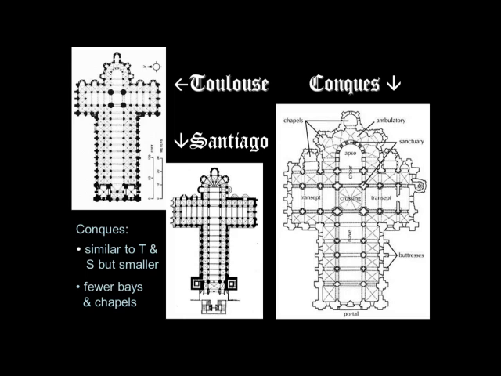And you can look at the plan and you see those parallel lines going across the nave, and that of course represents the transverse arches. And so you can sit there and count the bays if you want to, but there are fewer than at Santiago. And of course Toulouse had double side aisles through the nave. Neither Santiago nor Conques has that.